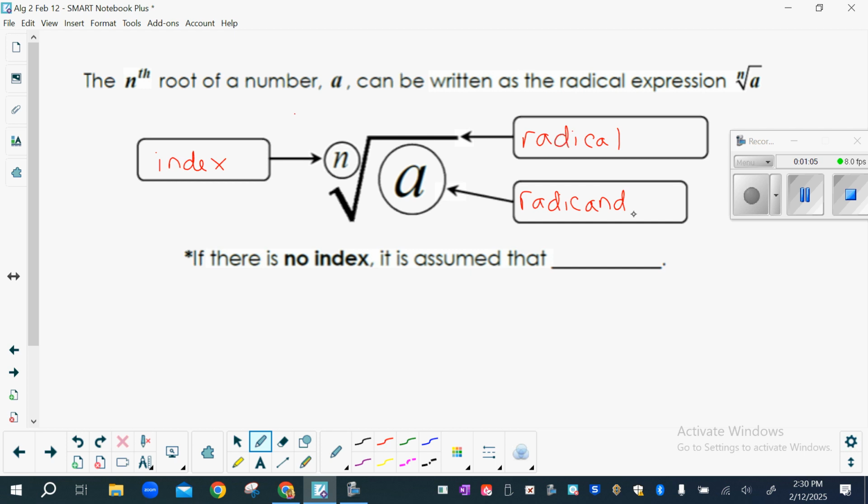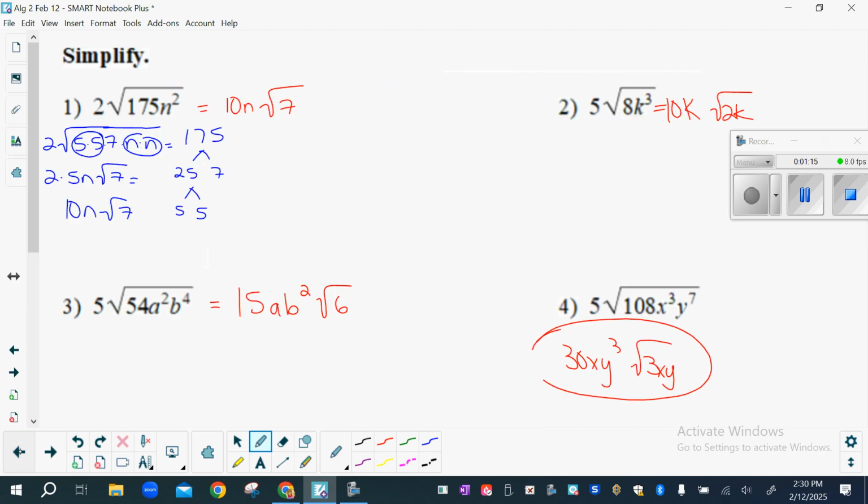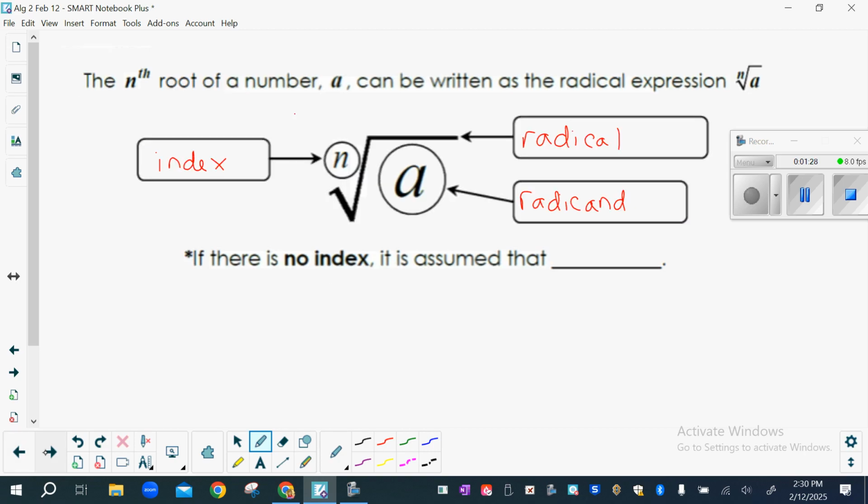Okay, if there's no index, if there's nothing written there, like for example on the warm-up, what number is assumed to be there? Anybody know? No? It's assumed to be a square root, so it's a 2.